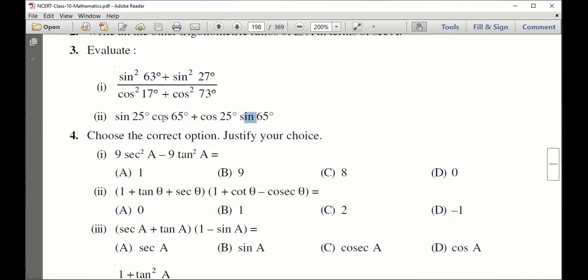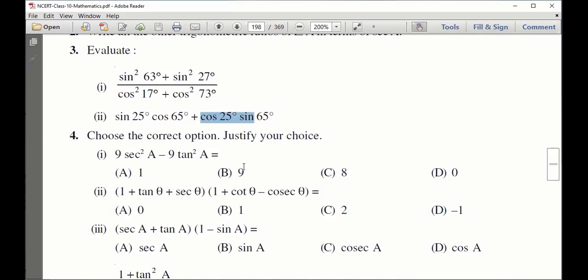To make a formula. So this becomes sine 25, sine square 25. And she again changed this to cos 25, so cos square 25. So you got sine square something plus cos square something. Same again. Sine square plus cos square is 1, so again 1.